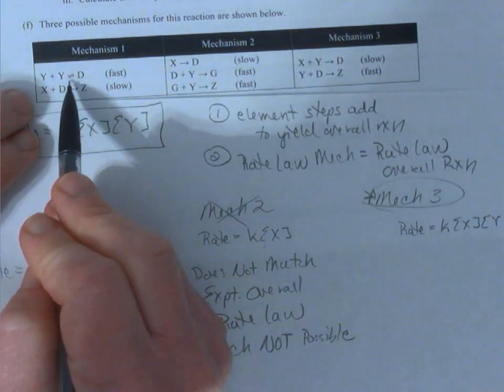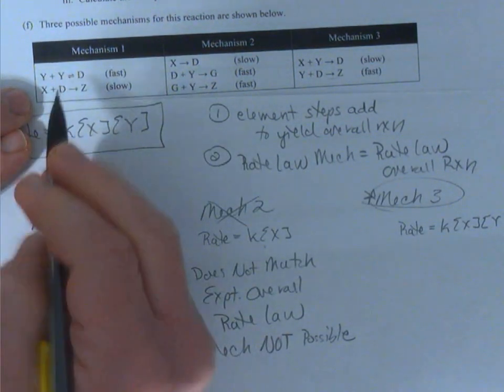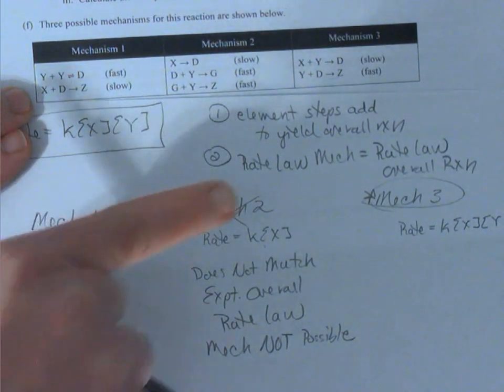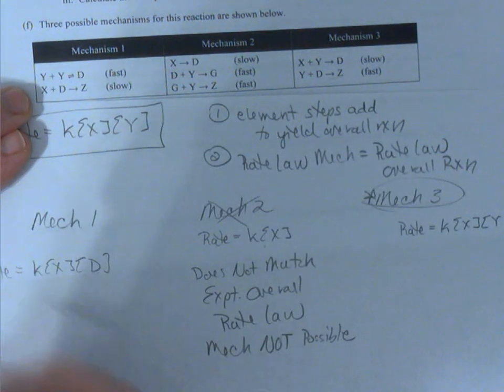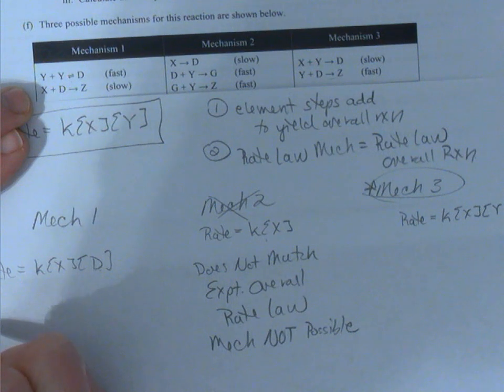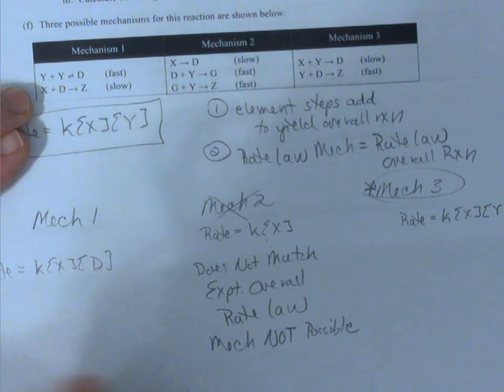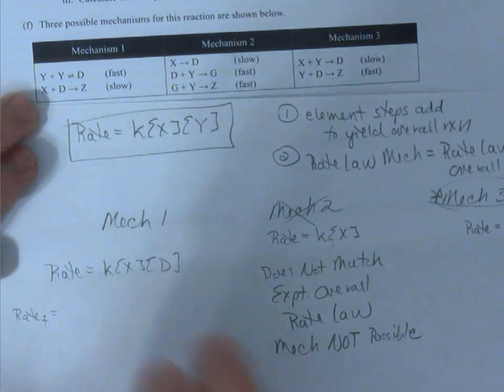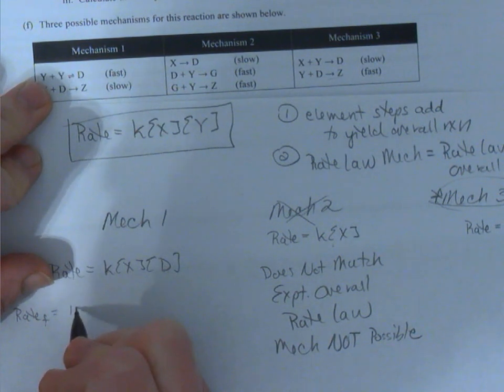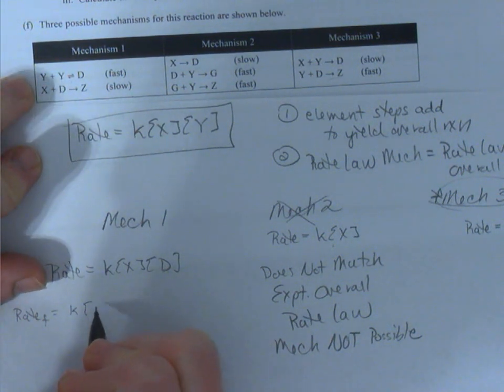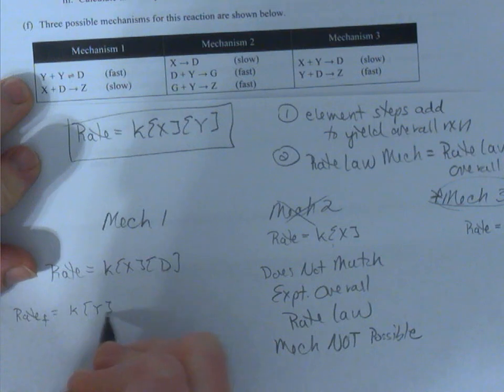But since it is fast in equilibrium, remember, equilibrium means the rate in the forward direction equals the rate in the reverse reaction. So the rate of the forward, I'm just going to put a lowercase f, would be k[X][Y], or we could say Y second order.